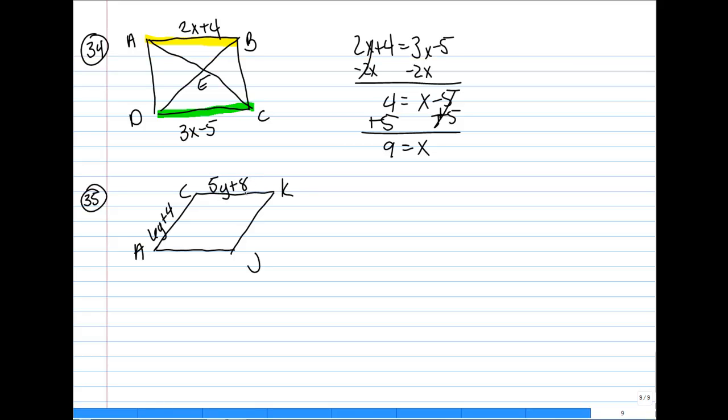And KJ is 3y plus 16. Find the value of y.